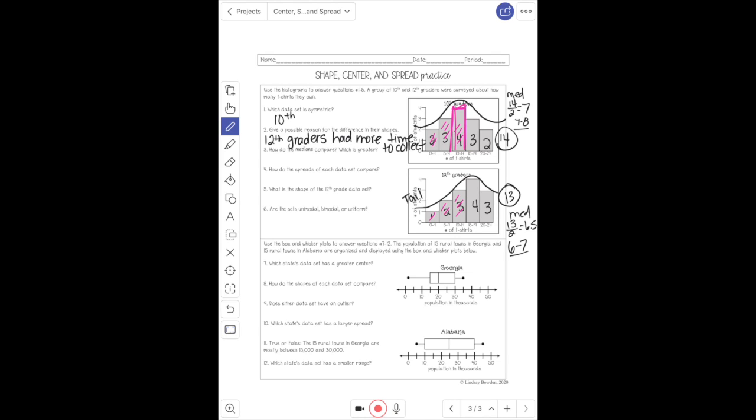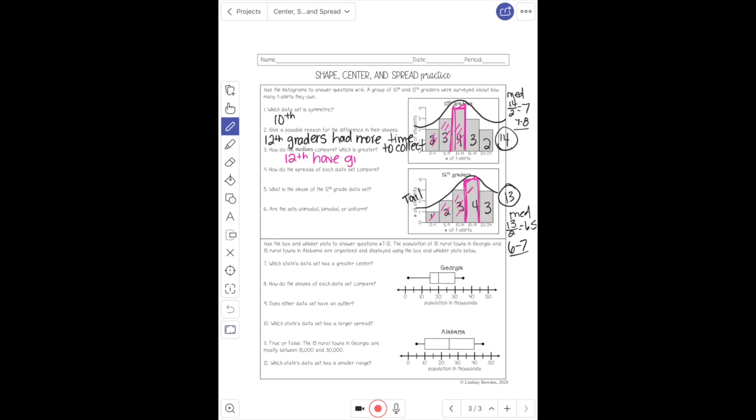And it's going to fall between that 6.5 to 7. So we're right on the border of that 15 to 19. So it says which one has a greater median. So if I'm following the 10 to 14 and this one's in the 15 to 19 range, then the 12th graders have a greater median.